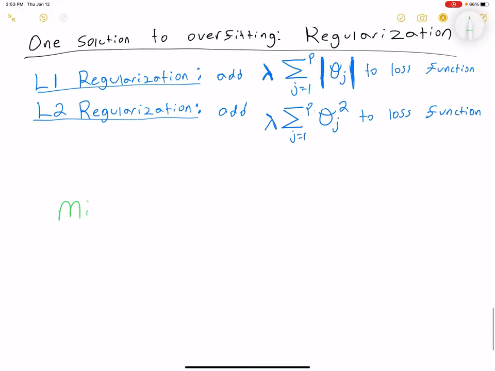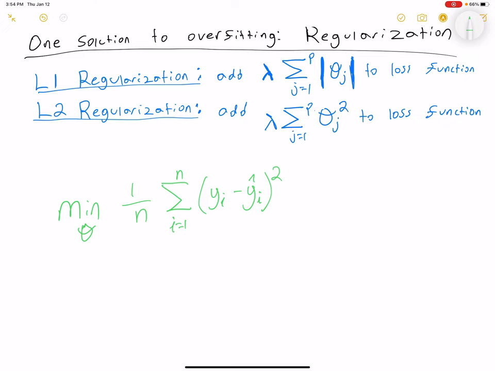Our goal is to find the minimum over all parameters of the mean squared error. We'll write it in a compact form. Right, so this is from before, minimize the mean squared error.